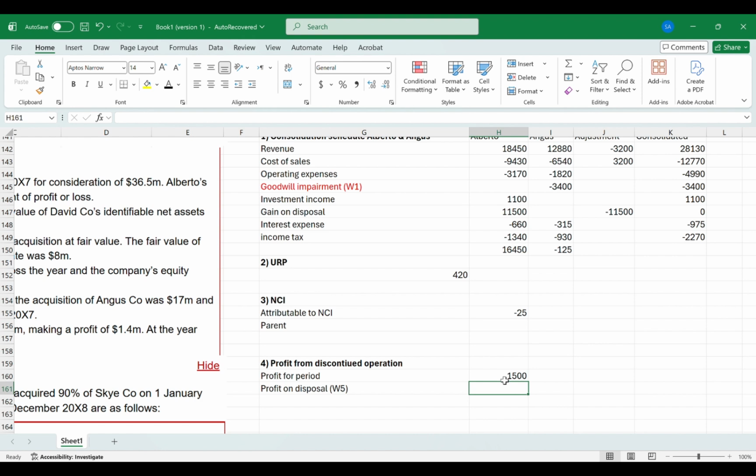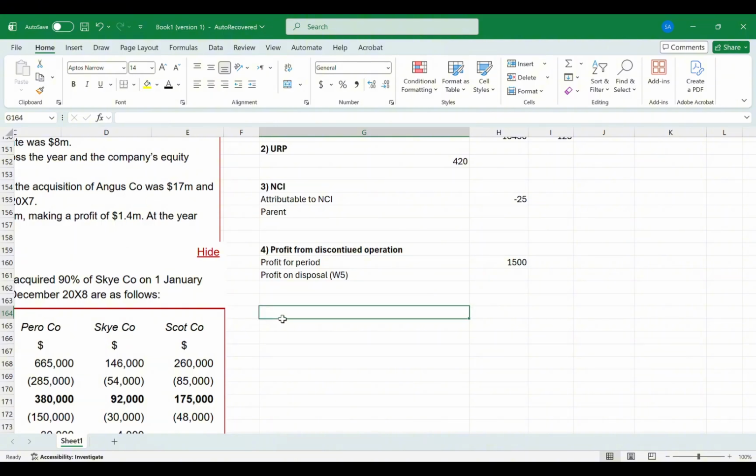Now, let us go to working number 5. Profit on disposal. When you dispose David, what is the profit?